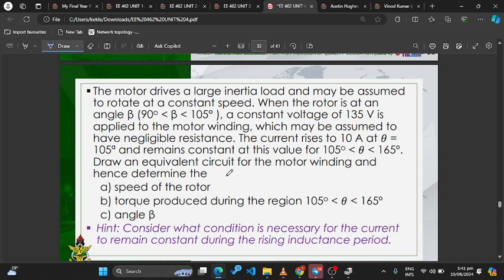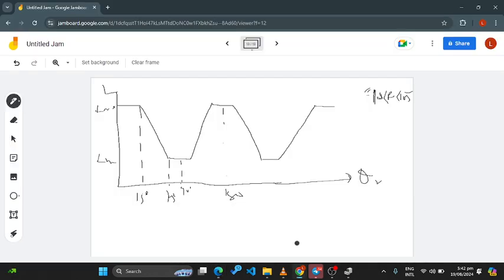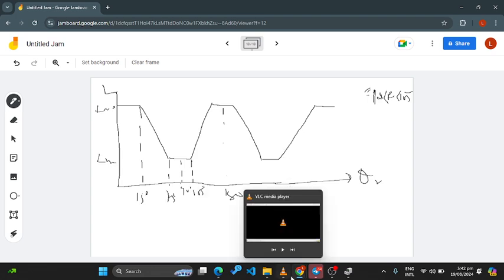The current rises to 10 amps at theta equal to 105. So safely I can say that this point over here is 105, because it's during the rising phase of the inductor that you have the current rising to its maximum value.